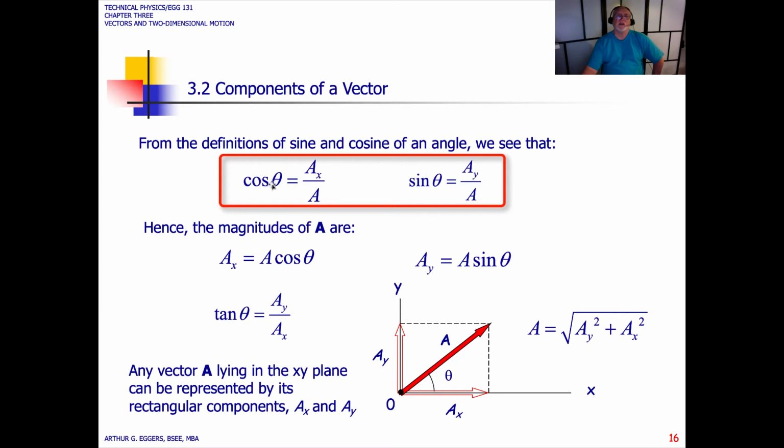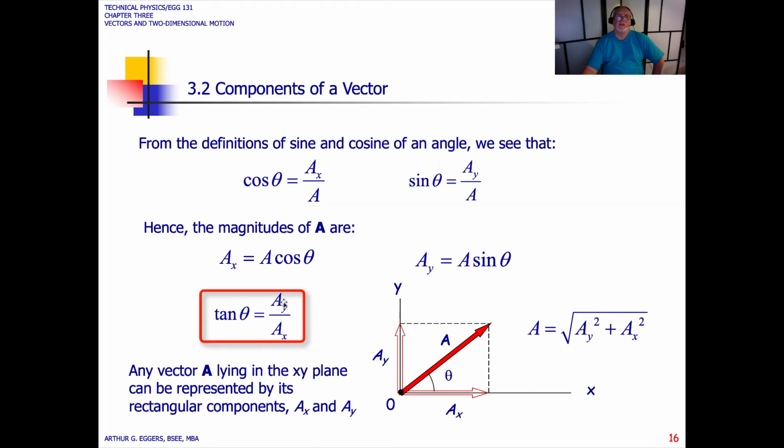The cosine of theta is equal to the side adjacent divided by the hypotenuse. The sine of theta is the side opposite over the hypotenuse, and the tangent is the side opposite over the side adjacent, okay? It's formed by this triangular relationship that we see on the bottom.